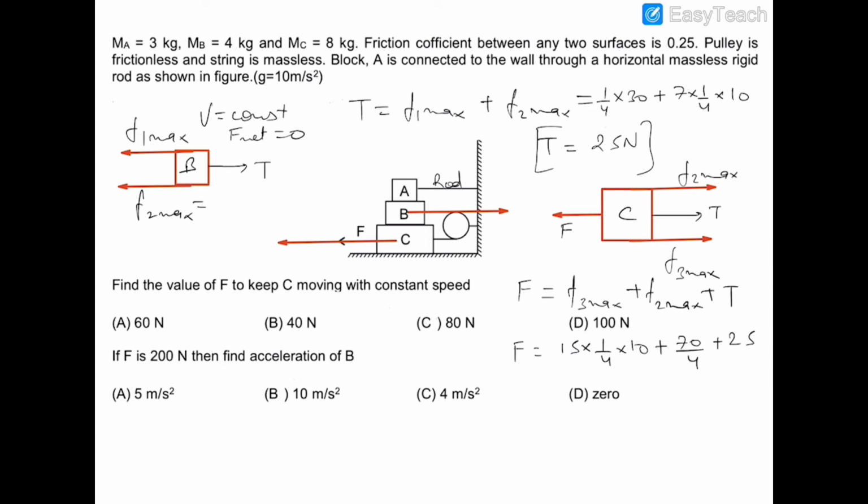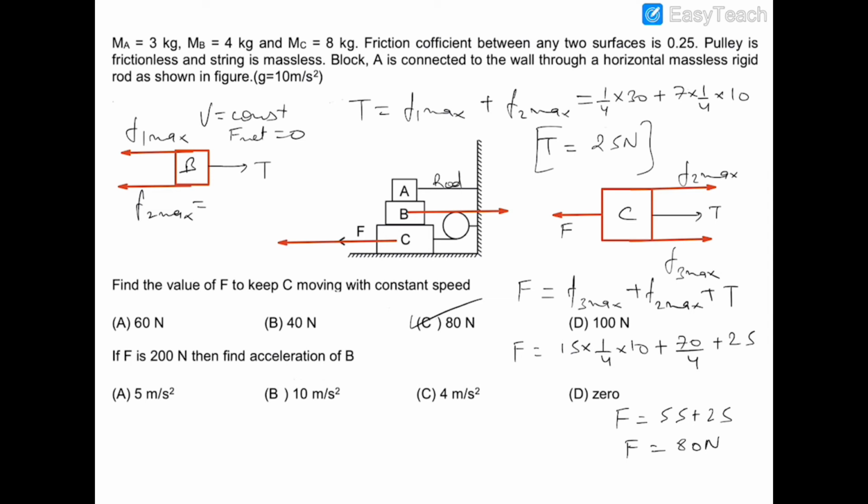So this is 150 by 4 plus 70 by 4, which is 220 by 4, and that is 55. So F will be equal to 55 plus 25, and this will be equal to 80 newtons. So the correct answer for question number 1 will be option C.